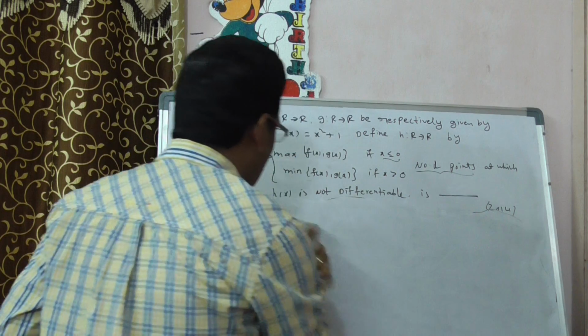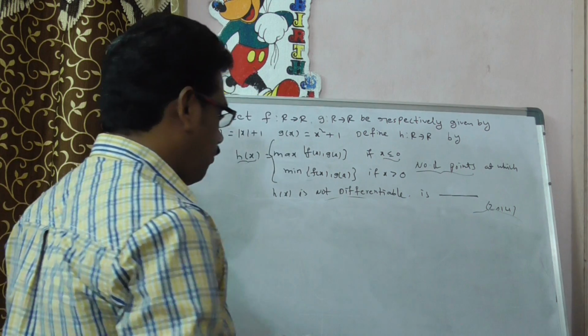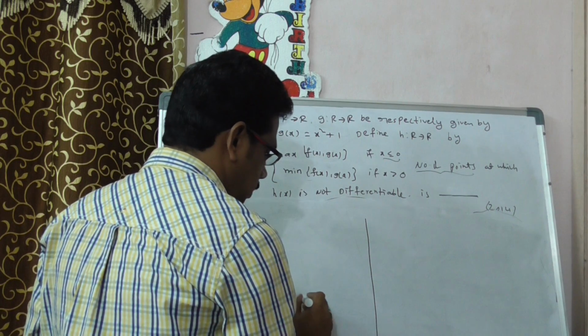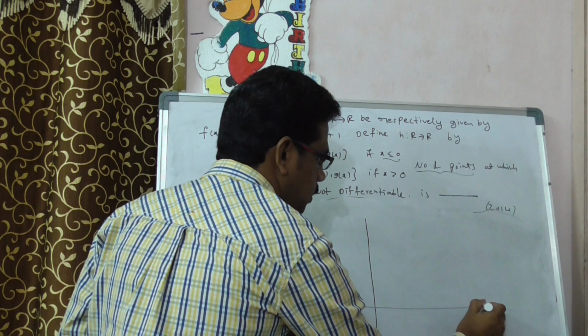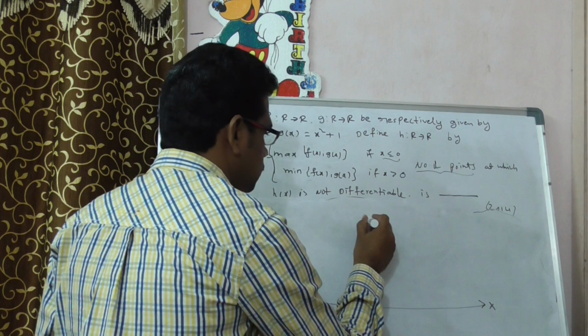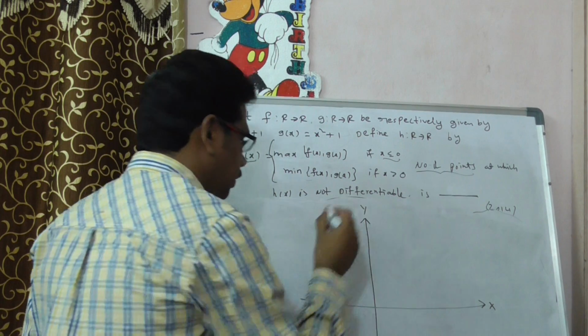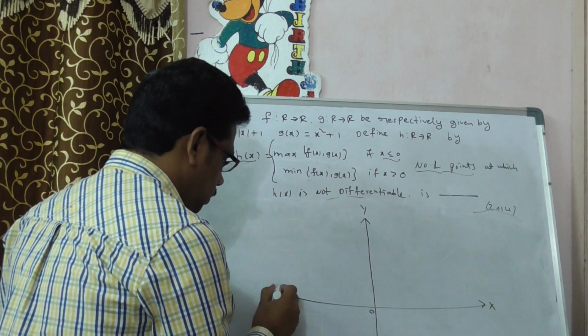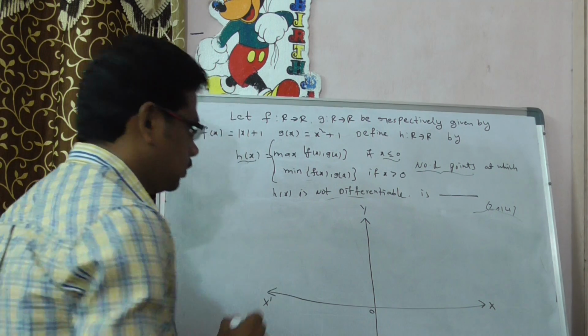Very good. Now observe here the h of x graph. I am drawing h of x. Y-axis, x-axis, this is y. So this is the origin. This is x dash.